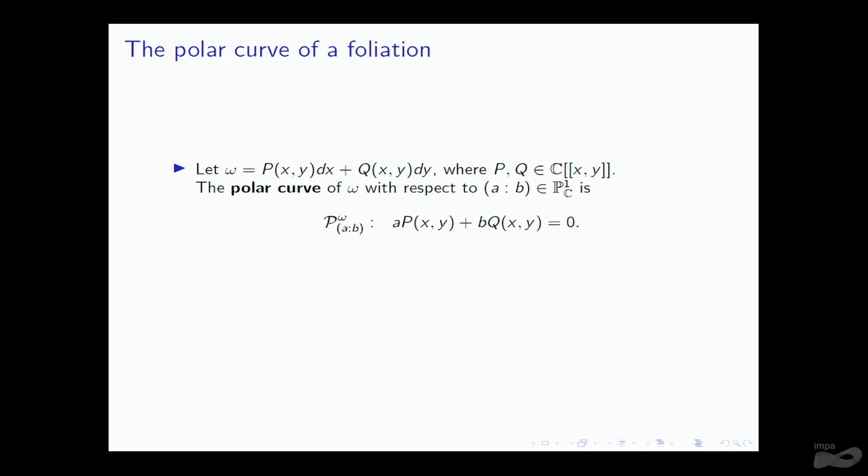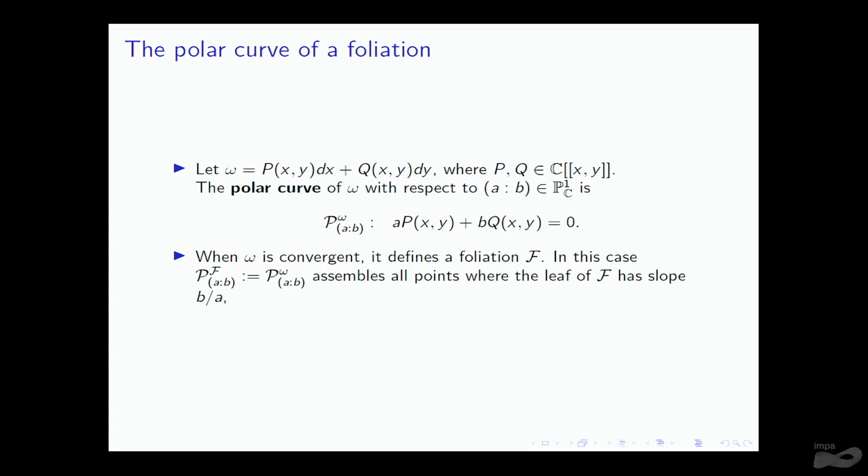The polar curve of omega with respect to AB in P1 is the curve with this equation. Okay? I have the coefficients P and Q. If omega is convergent, it defines a foliation. In this case, the polar curve assembles all points where the leaf of F has a slope B over A.